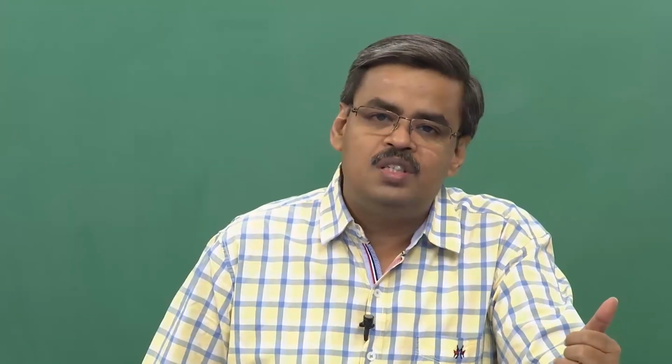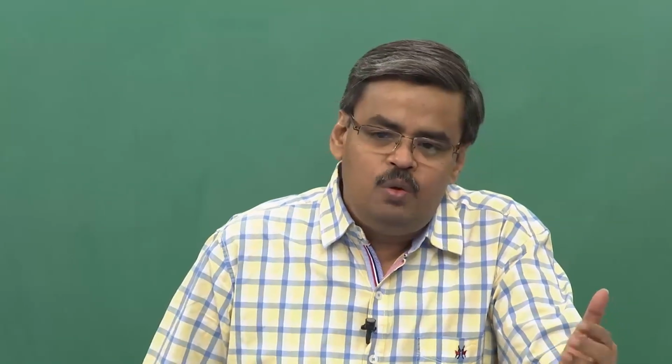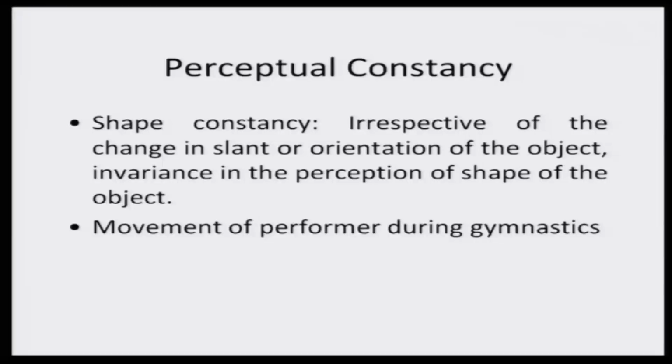Similarly, the third constancy, which is again important, is constancy in terms of shape. Irrespective of the change in slant or orientation of the object, we always perceive it to be of the same size. If I take an object in my hand, for instance this object, the moment I change the slant, the size and shape will not remain the same.